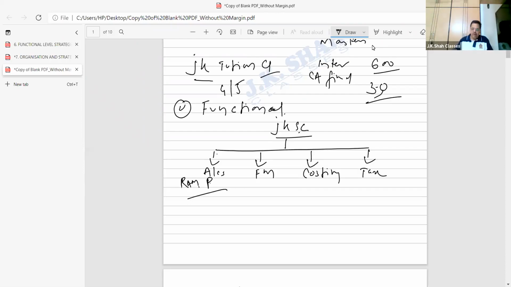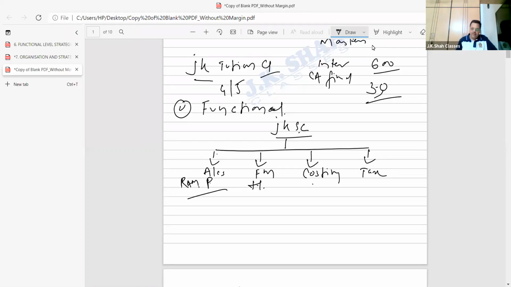Got the point? There is one particular professor, students, any name you can say. Himanshu says I'm comfortable teaching FM, so Himanshu, you look after the FM department, you become the head of that department.